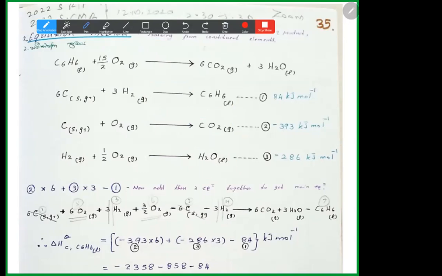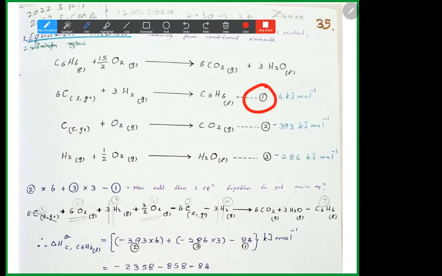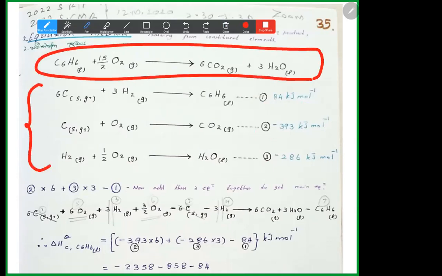Then you balance them so that you are making these 3 equations for formation enthalpies. And then in front of that, I'm just writing the data they were given. Then my next target is to get the question equation from these different equations.